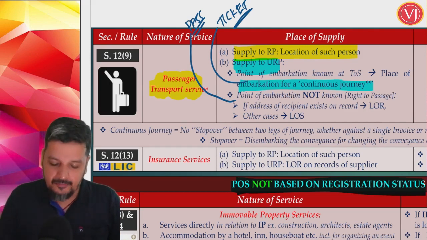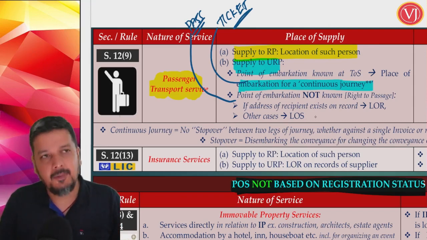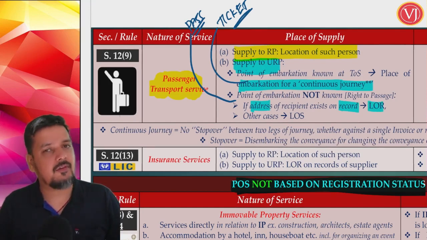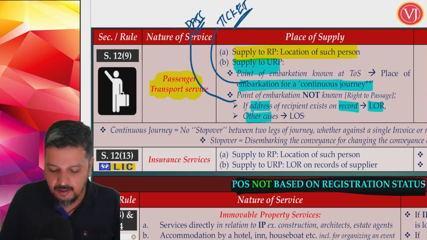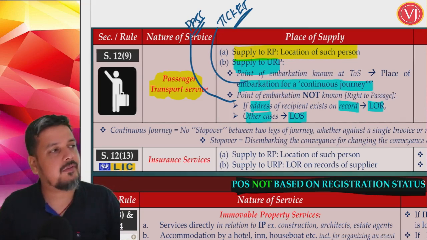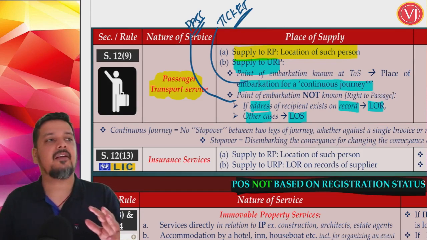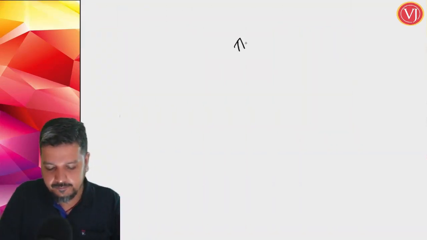Now, if it is not a ticket but a pass, if the address of the recipient is on record, location of recipient; mostly if it is a pass, the address will be there on record. If the address by any chance is not there, location of supplier. Now, what I am trying to tell, please understand whether it is a ticket or whether it is a pass.